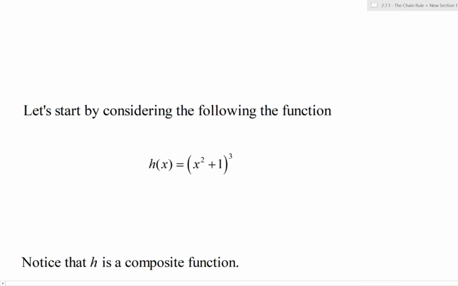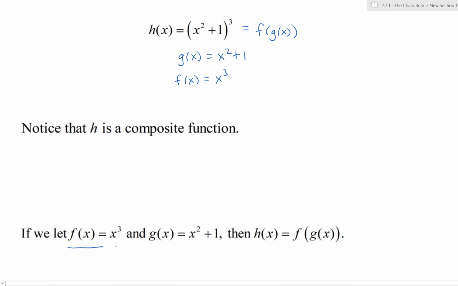If this is some f of g of x, then the inner function g of x would be x squared plus 1, and f of x would be x cubed, so that if I put g of x into the input of f, I would get exactly h of x. So something to keep in mind as we go through this example.